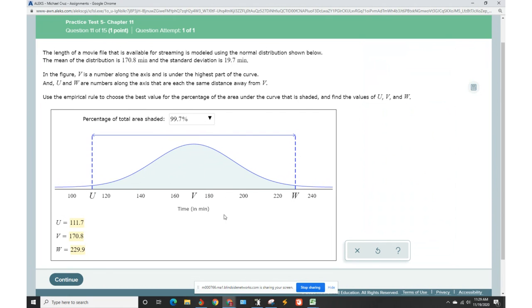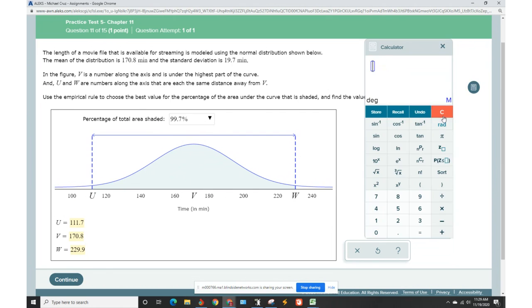We're just adding 3 standard deviations. You can kind of also look at it like this. So we multiply it times 3. All right. So that's 3 standard deviations right there, 59.7.